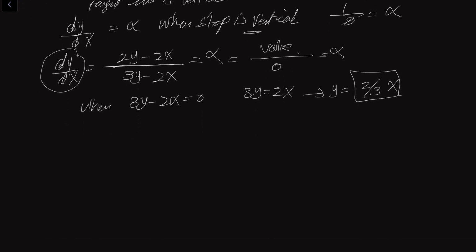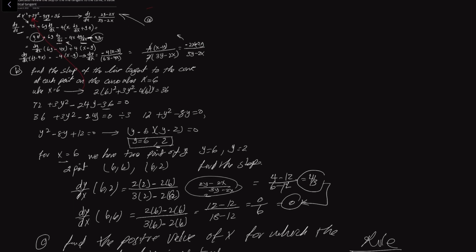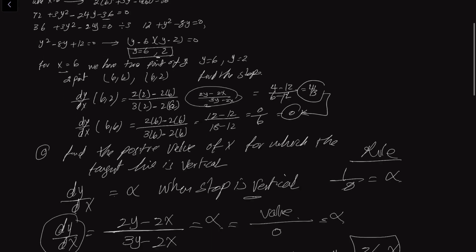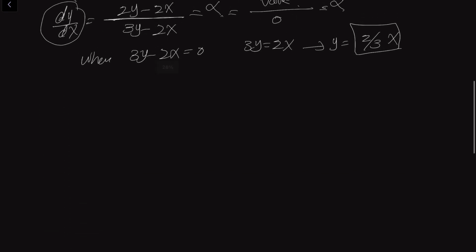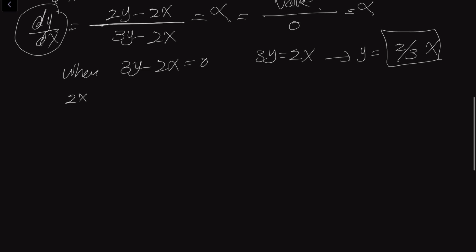The main equation here is 2x squared plus 3y squared minus 4xy equals 36.